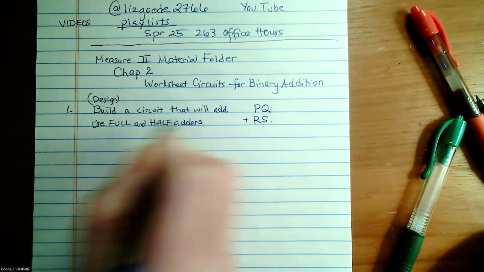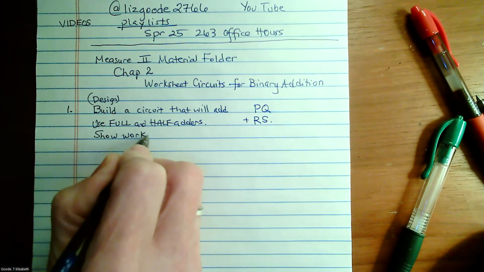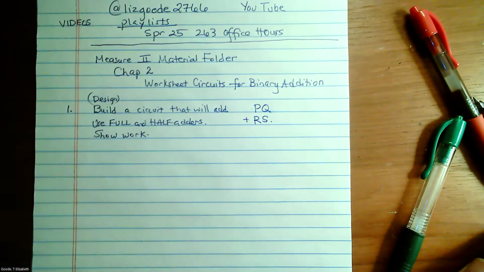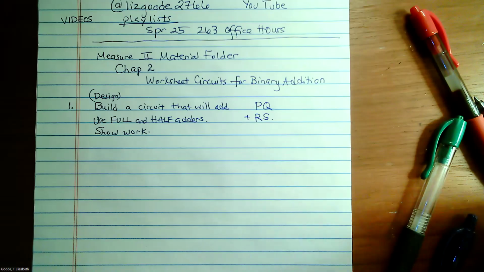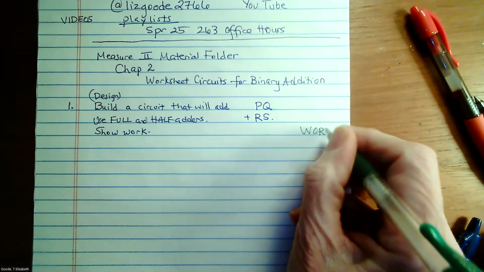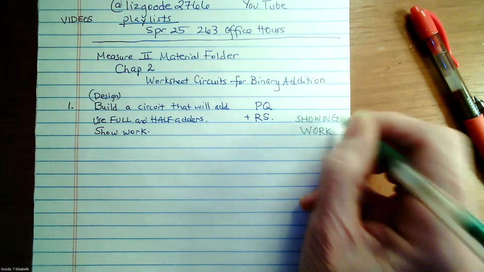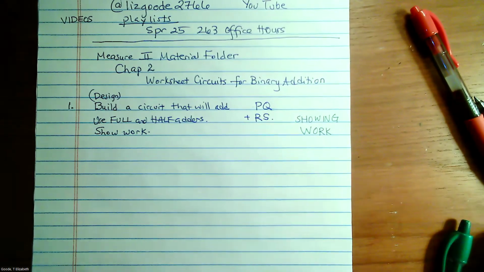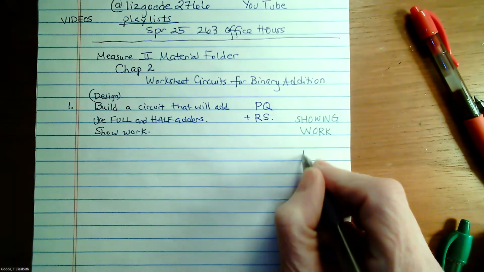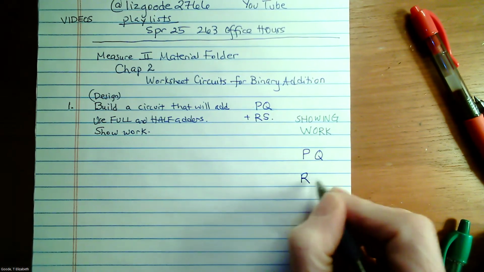And I'll show you what I mean by show work. We always want to show the actual addition work. So the work I'm going to put over here on the right. In order to have room to show work, I'm just going to space these out a little bit, just in case I need room.